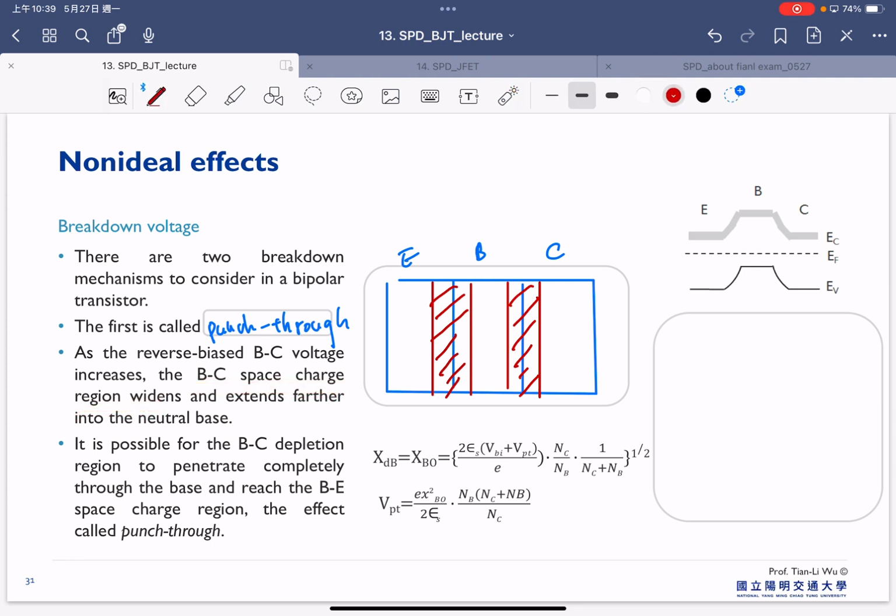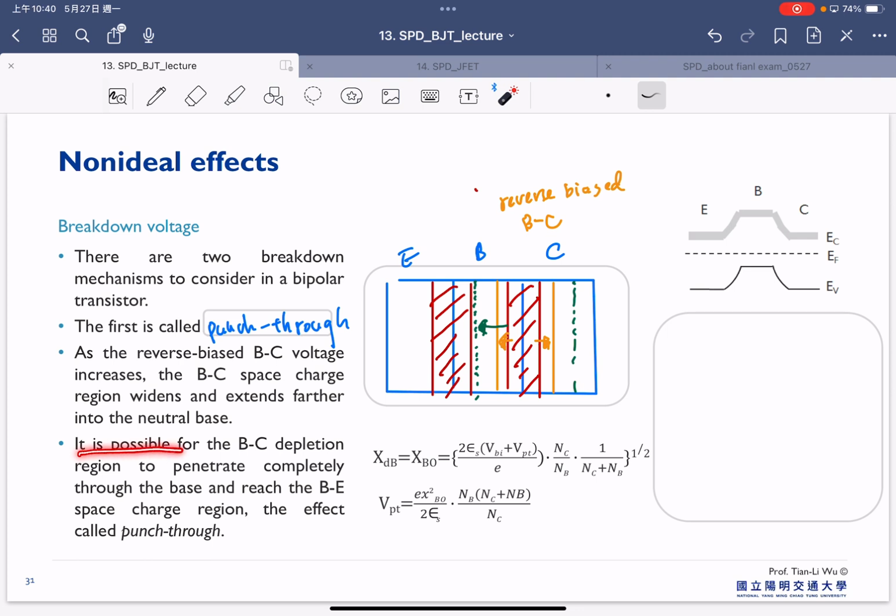So you can foresee that reverse bias of the BC junction will lead to an increase of the space charge region, and it will possibly extend and reach the BE junction.